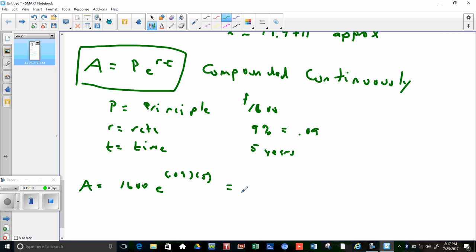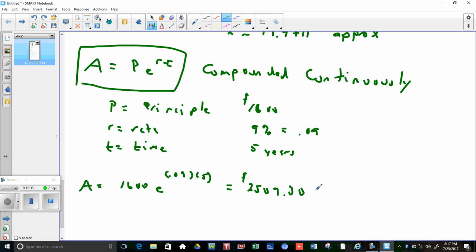But when you plug all this stuff into your calculator, so again, make sure that you can actually figure this out, you should get about $2,509.30. Because of the fact we're talking about money, if this thing gives you a decimal past this, remember to round to the penny, because we're not going to go in units past that.